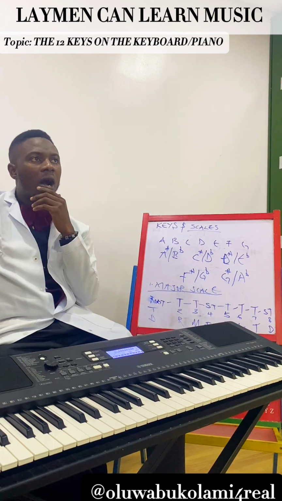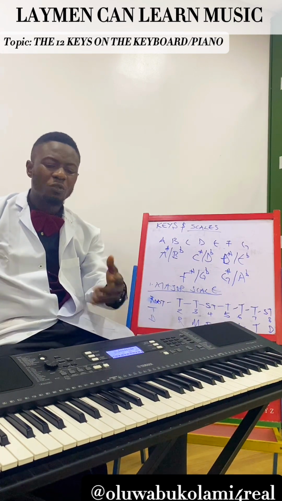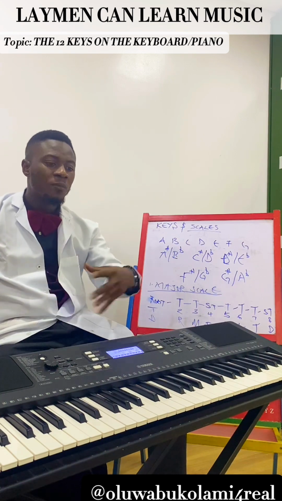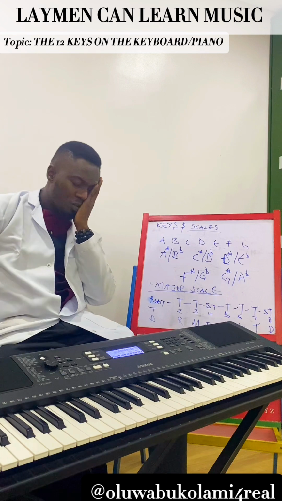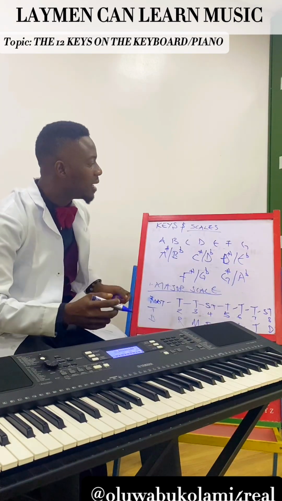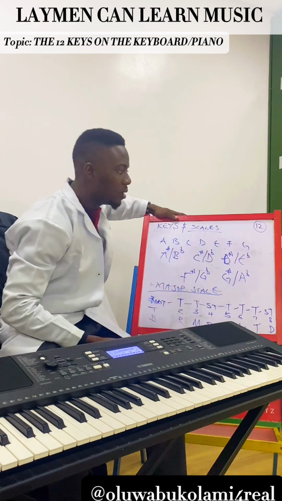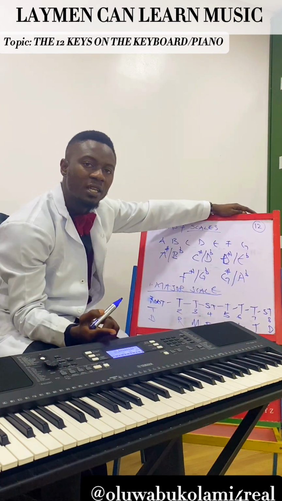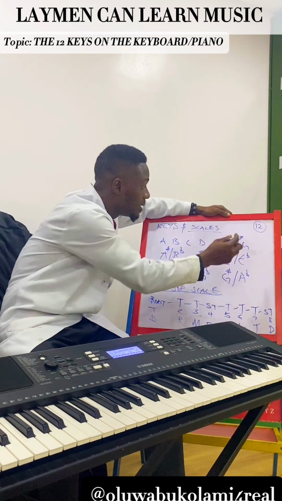So we have on the keyboard, the keyboard is a principal instrument. It will make it easier for us to learn these keys because I'll be showing you even as I'm teaching you. Now, I told you don't forget that all the keys are 12 in number. And then representing them on the keyboard now, we have 7 white keys.